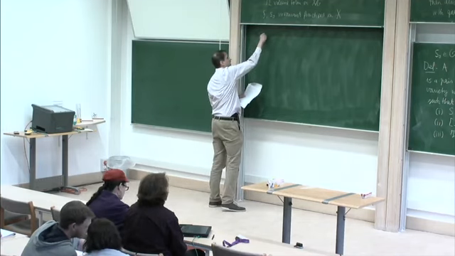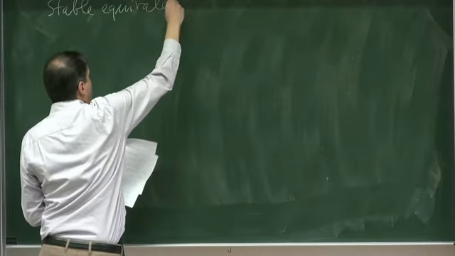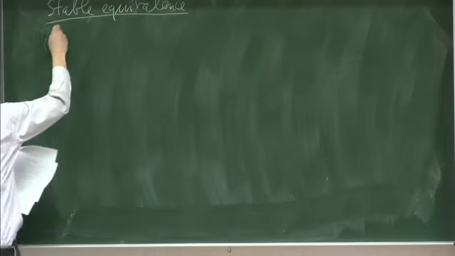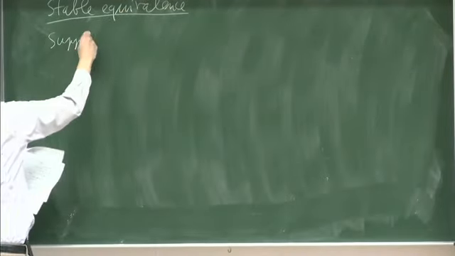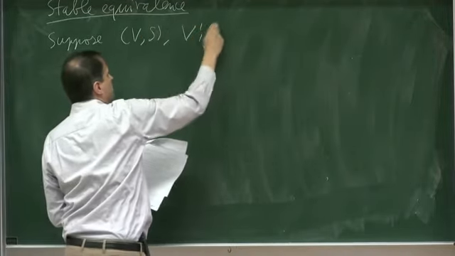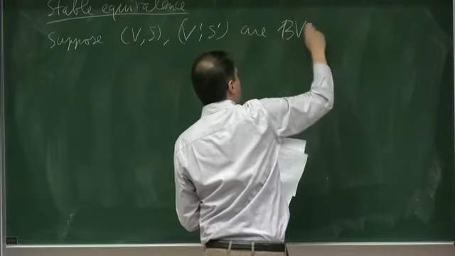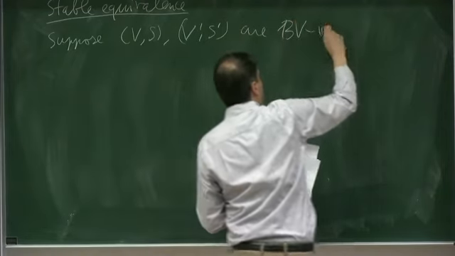Called stable equivalence. So suppose V, S and V prime, S prime are BV varieties with the same support.